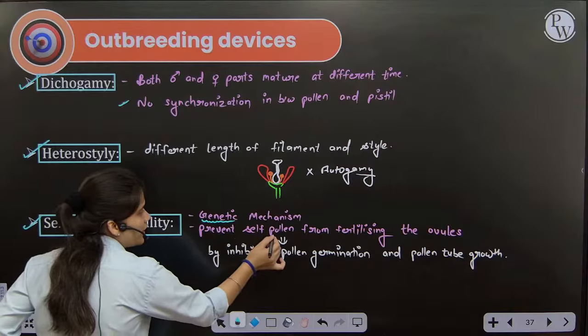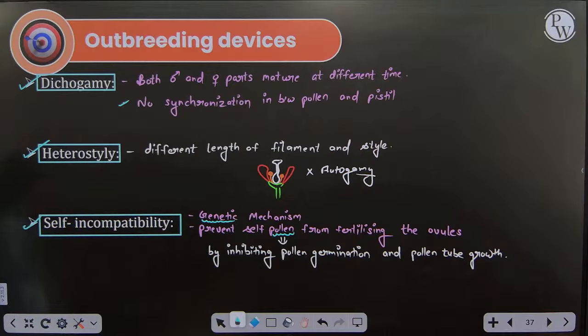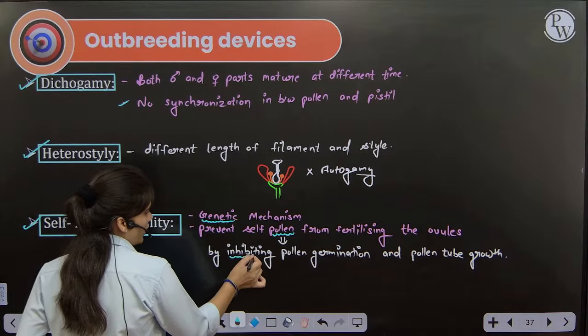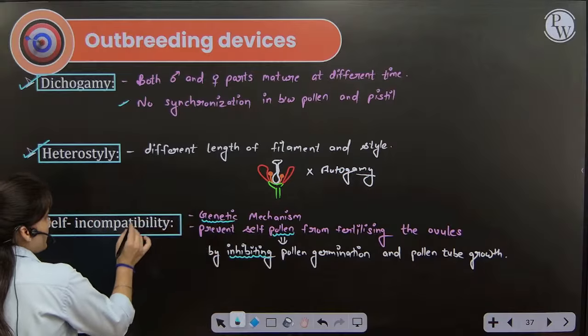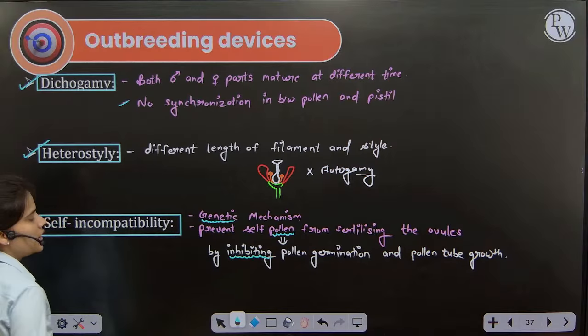That pollen grain is not able to fertilize the ovule. Pollen tube germination or pollen tube growth is inhibited. That condition is known as self incompatibility.